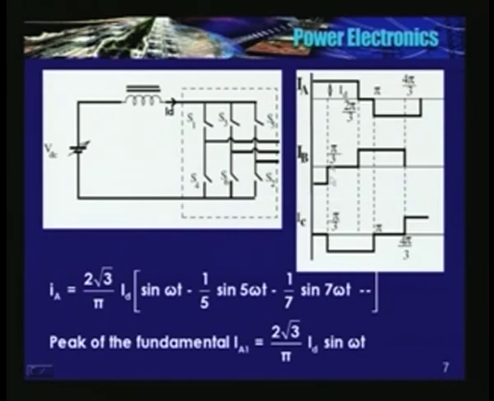So if you see, at any given time, say from 0 to pi by 3, it is 6 and 1. From pi by 3 to 2 pi by 3, it is 1 and 2.